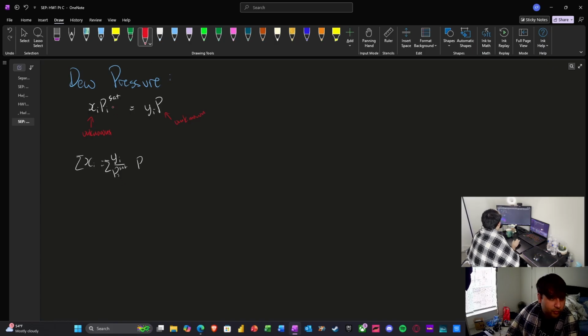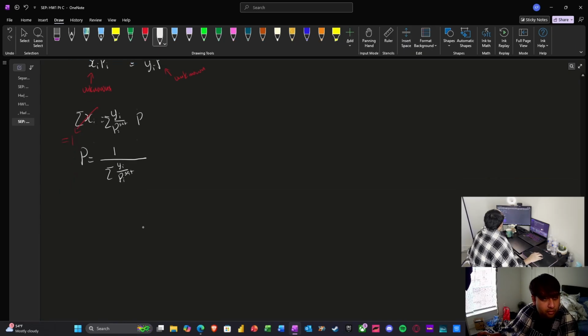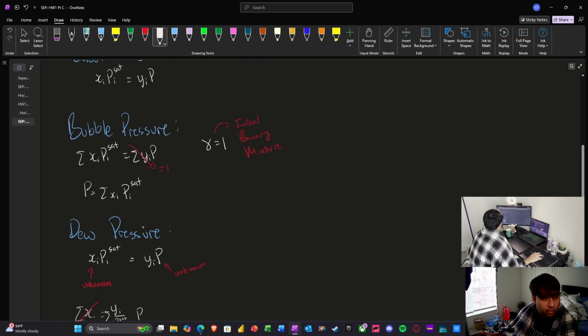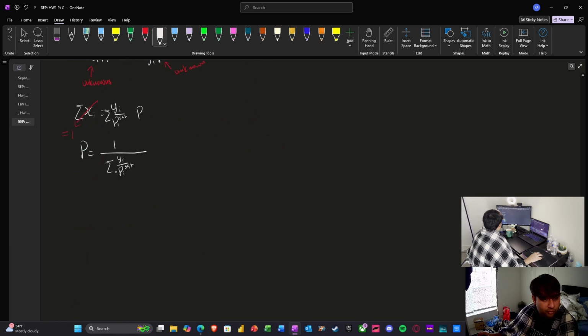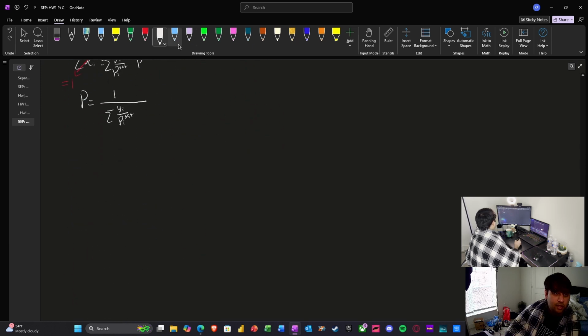However, in this case, for dew pressure, our liquid composition will equal 1 after we've taken the sum, and our P will equal 1 over the sum of our yi over Pi sat. And there are our bubble pressure and our dew pressure equations.